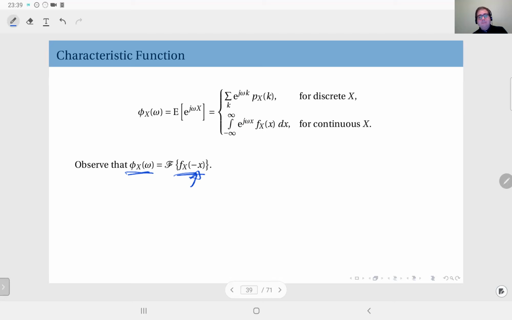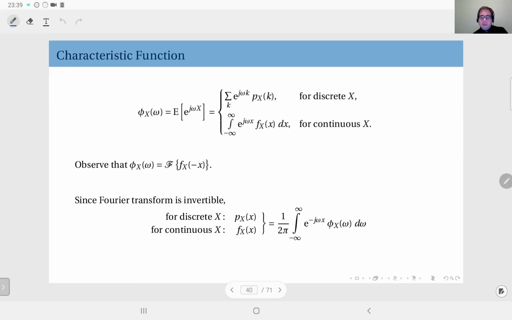So this means all properties of the Fourier transform apply to the characteristic function. And not only that, but as you see, a fundamental property of the Fourier transform is that it is invertible. Okay, when you have the function, you can obtain its Fourier transform, but it's a one-to-one relationship. It's unique. If you have the Fourier transform, you can recover the original function. So this is what we have.